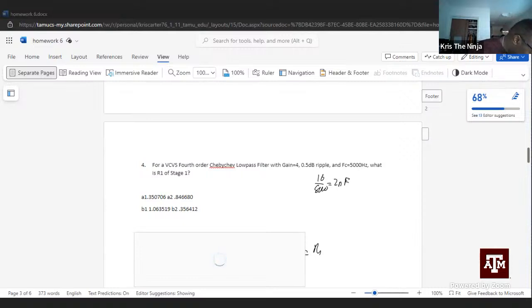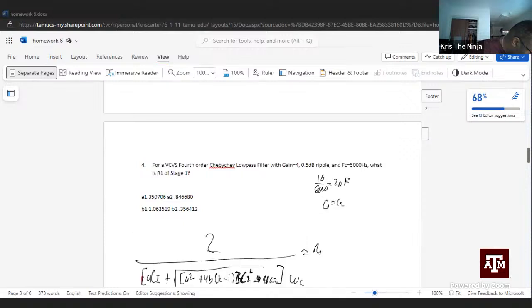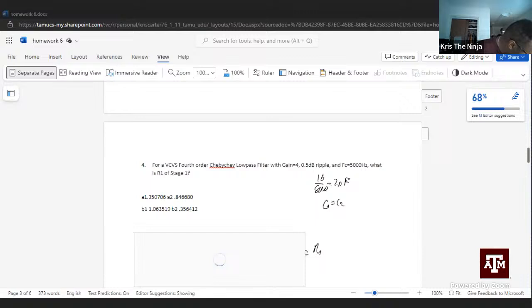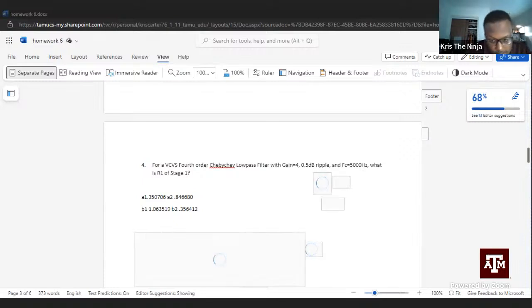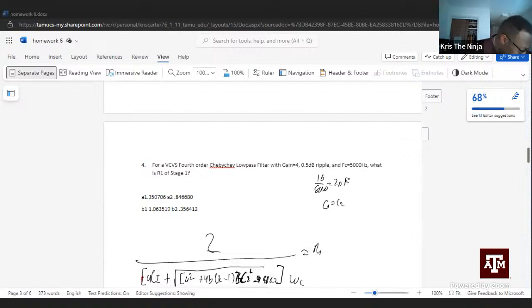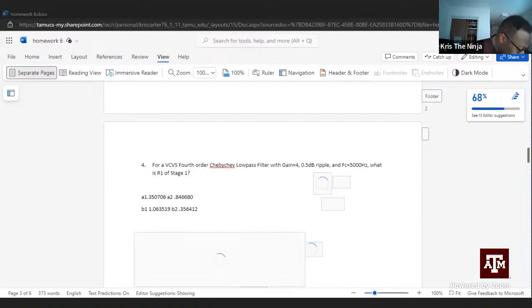Then once again, switch the color. Square root of 0.35076 squared plus 4. The B value for B1 is 1.063519. And then that gain is 2 minus 1 because we want to do it in stages, so gain of 2 minus 1 plus 1.